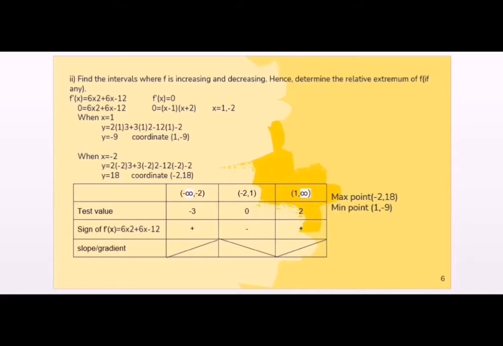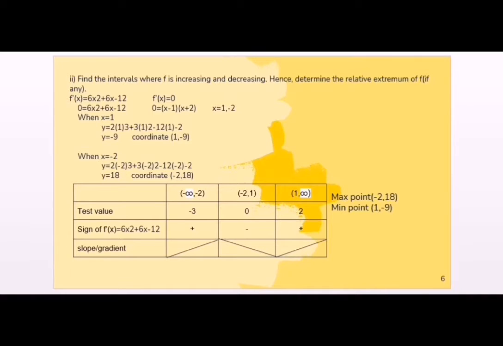Okay, the next step is we do the table below. First, we write down the intervals: negative infinity to -2, -2 to 1, and 1 to infinity. Next, we write down the test values: -3, 0, and 2. After that, we write down the sign of f'(x) from the test values. The signs we get are positive, negative, and positive.